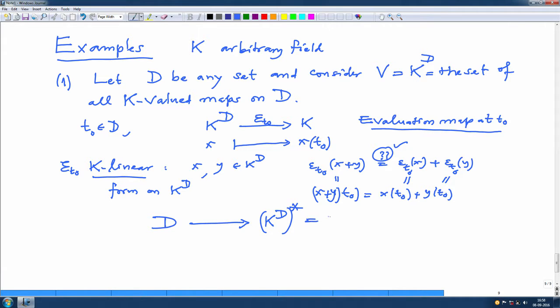This is by definition Hom of K power D to K. So t going to epsilon t is a map. So there is a big flow of linear forms on K power D. This is very useful for studying a vector space. When there are many linear forms, we can use these linear forms to study a vector space better.